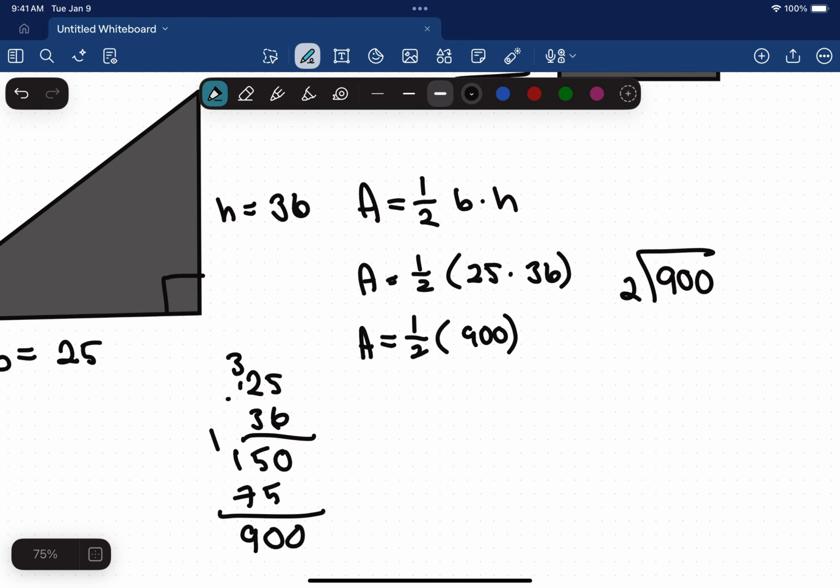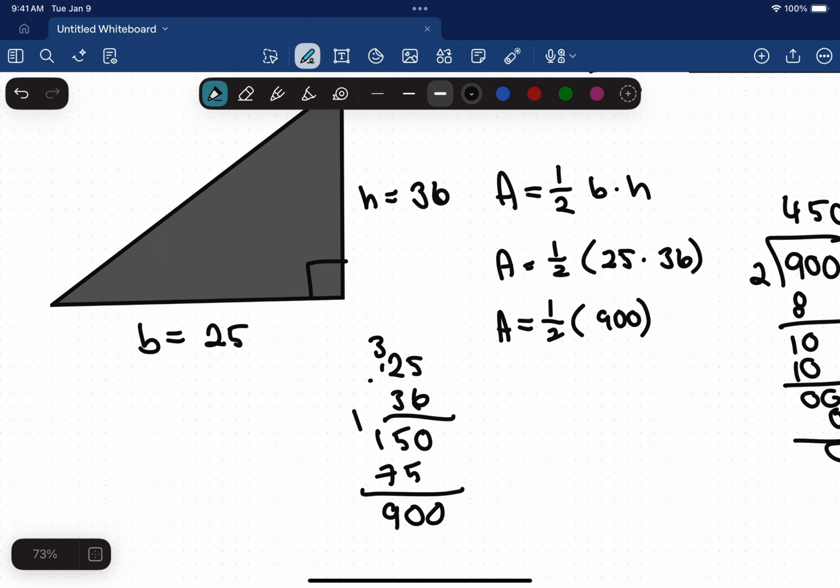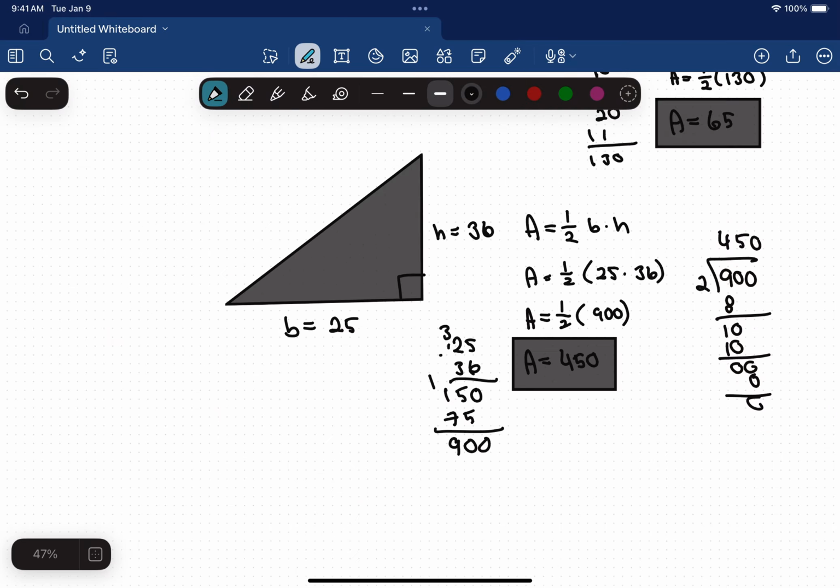That's going to be 450. So the area is equal to 450, like so.